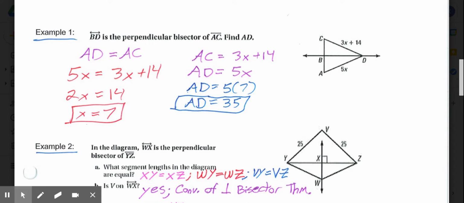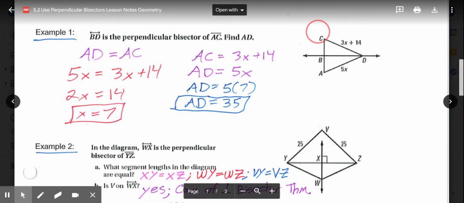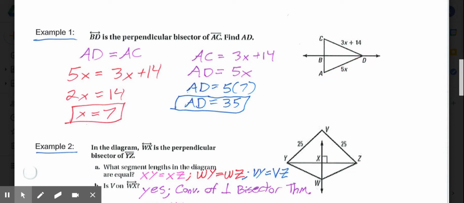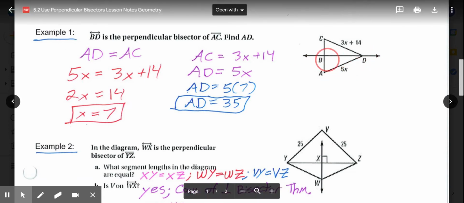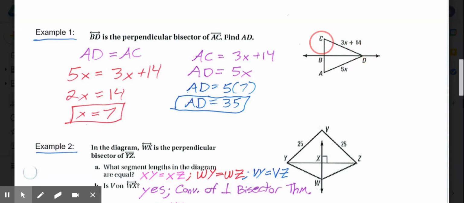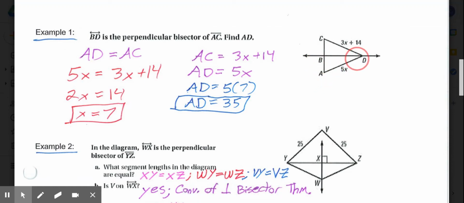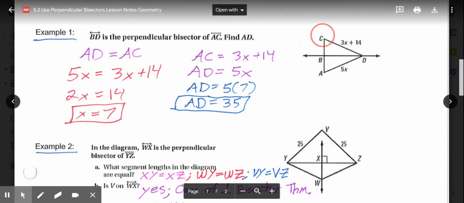Example 1 tells us line BD is the perpendicular bisector of segment AC. They want us to find the distance AD. So if BD is the perpendicular bisector, that tells me point D is the same distance from C and A. So I know AD here is equal to DC here.